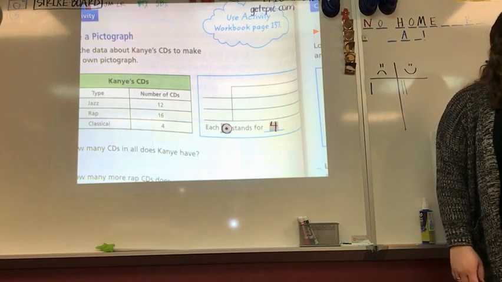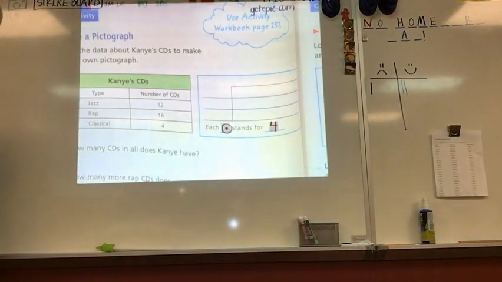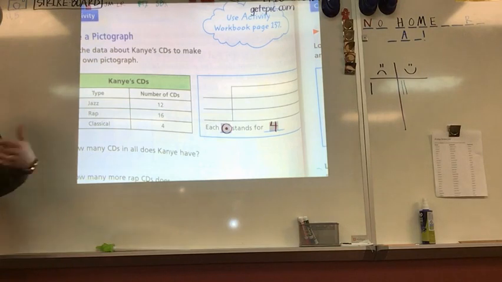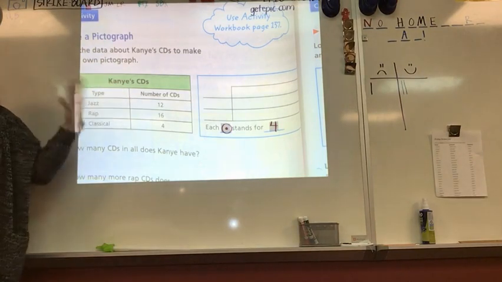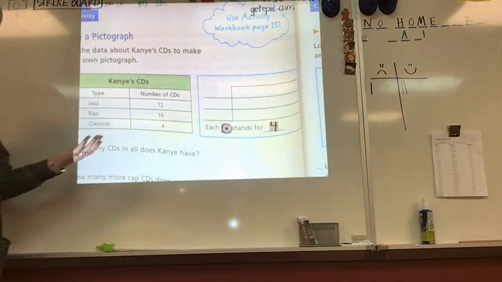What's this one called? Kanye's CDs. Can anybody think of what we might call this part of a graph or a table, if it's naming it? Skylar? Title? It's the title. Yeah.